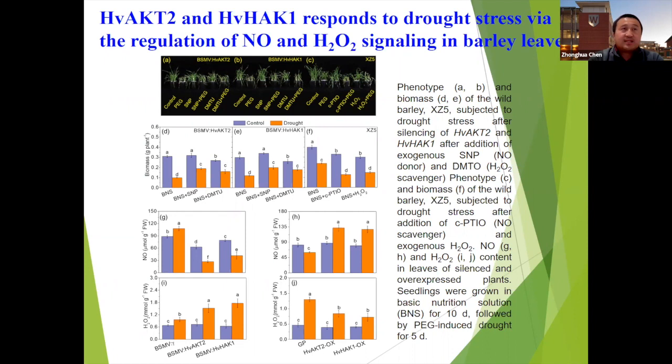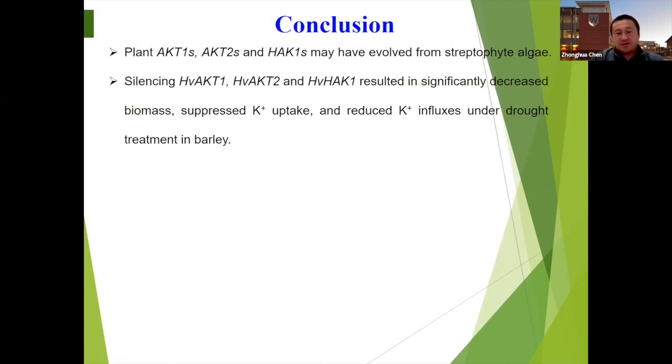We applied SNP, which is a donor for nitric oxide, and DMTU, which is a hydrogen peroxide scavenger. So we see the phenotype, and cPTIO is a nitric oxide scavenger or inhibitor. Okay, I think I'm out of time.